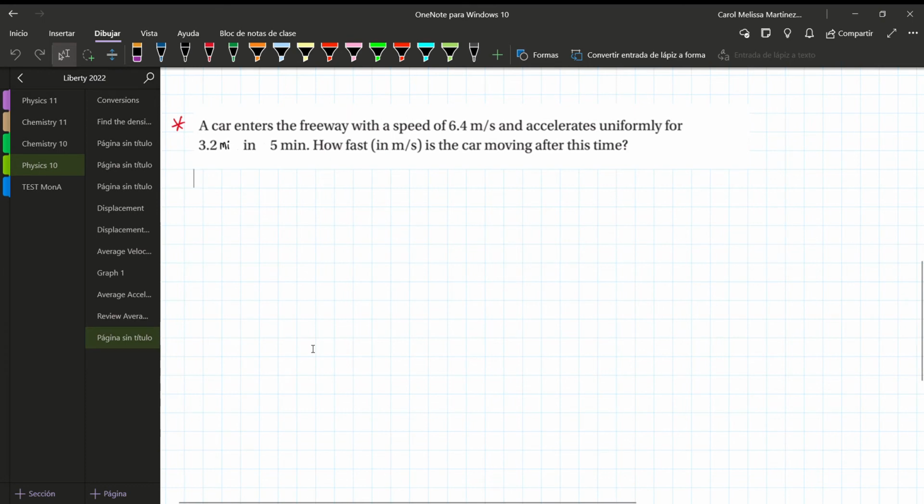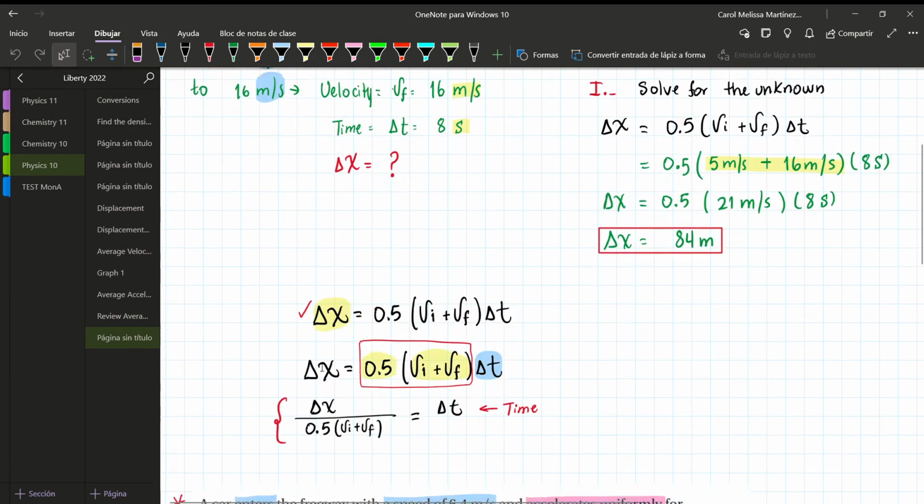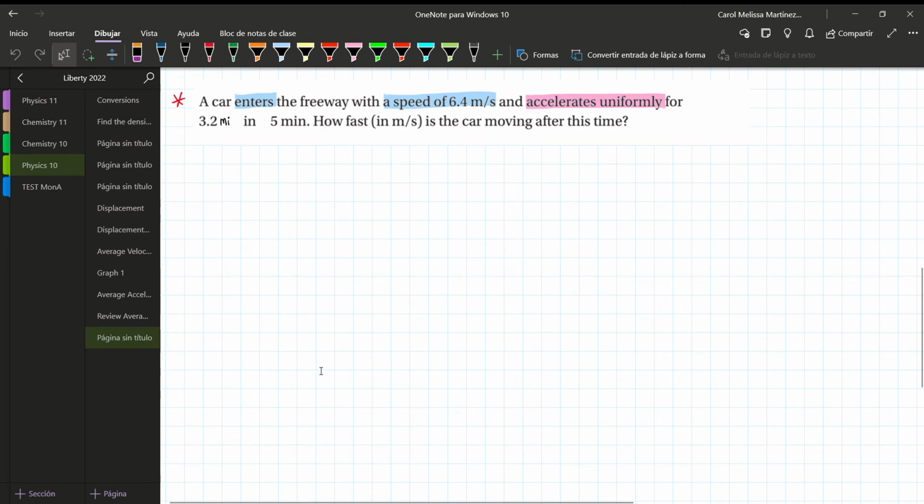And this car enters the freeway with a speed of 6.4 meters per second. Then here it mentions the keywords, that is, accelerates uniformly. That is the keyword that is going to authorize me to use this equation, okay? And it says that this acceleration occurs for 3.2 miles in 5 minutes. So here they are giving me miles and they are giving me minutes.